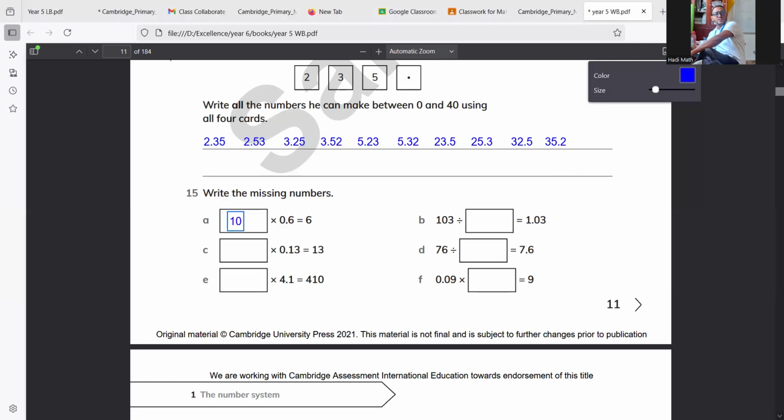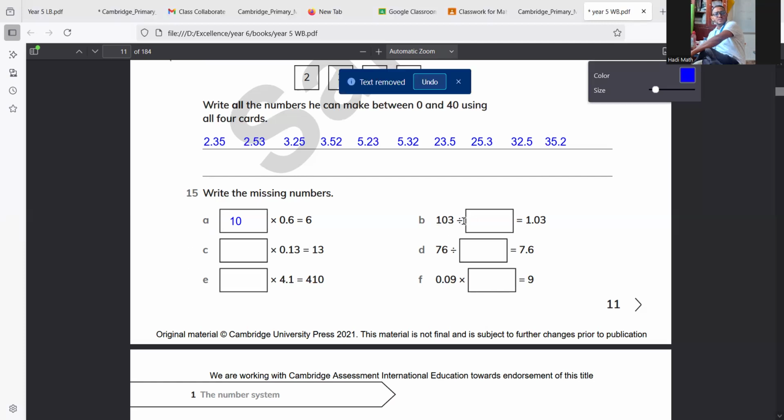Because when you multiply 10 by 0.6, what is going to happen to the decimal point? When you multiply, the decimal point is going to move one place. And when you move it, there is no number, so you don't put a decimal point. And 0.6 means 6. So this number is 10.